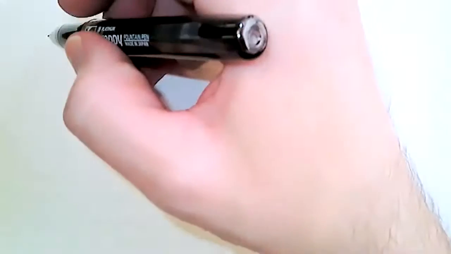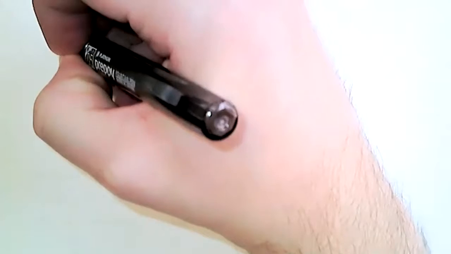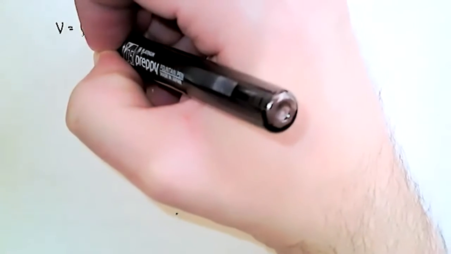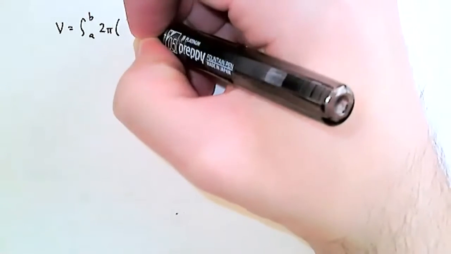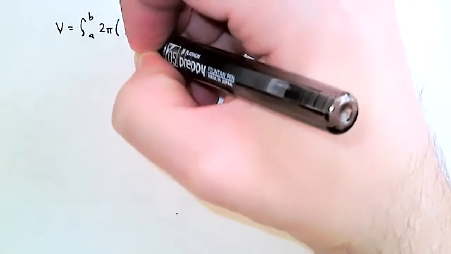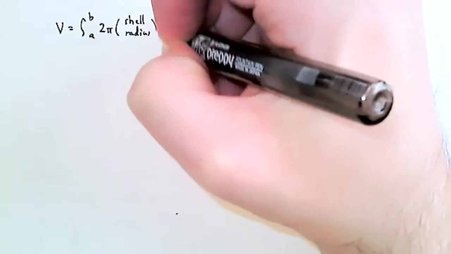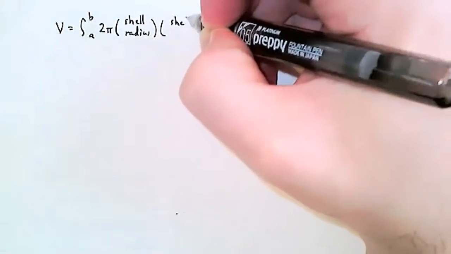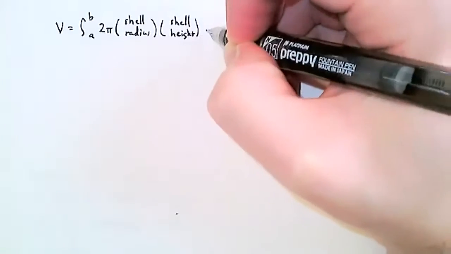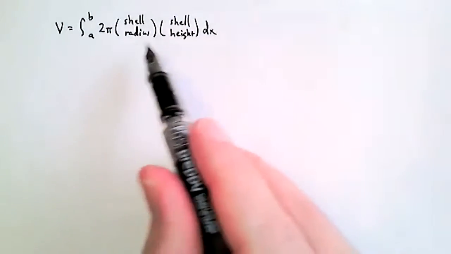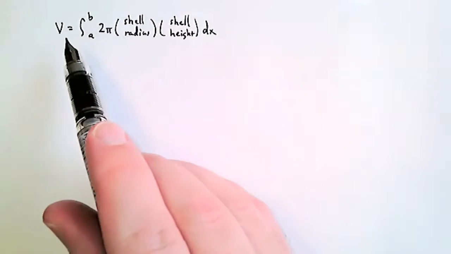Okay, I guess everyone's pretty comfortable. The integral looks pretty similar to what we've been doing the last week or so. So let me write it down again, so V equals the integral from a to b of 2 pi times the shell radius times the shell height dx, and then we add up all of the little tiny volumes to get the total volume.